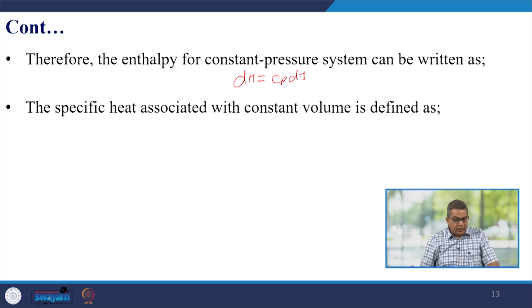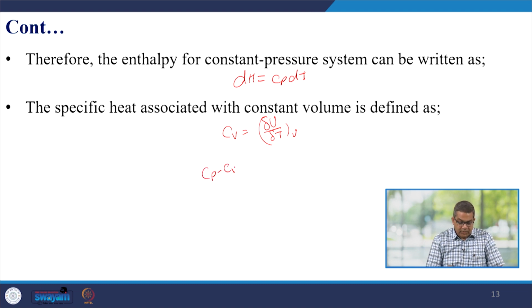The specific heat associated with constant volume is defined as Cv is equal to delta U over delta T at constant volume, and then Cp minus Cv is again a very useful thing. This can be given as T epsilon squared over rho beta.